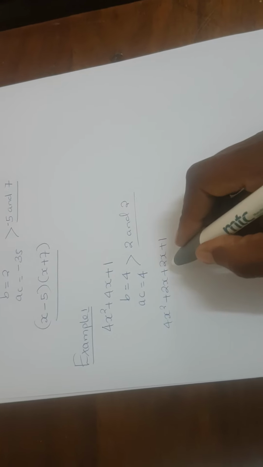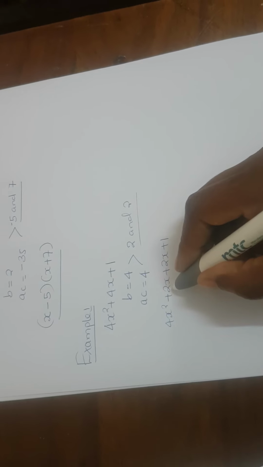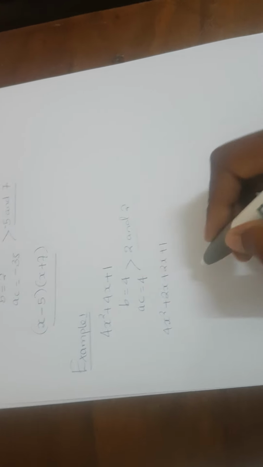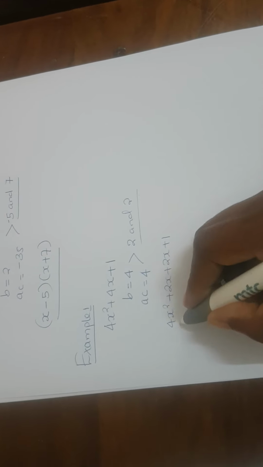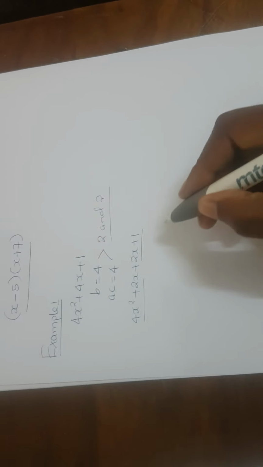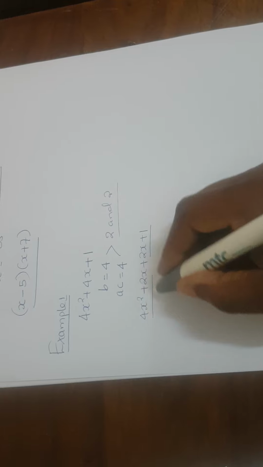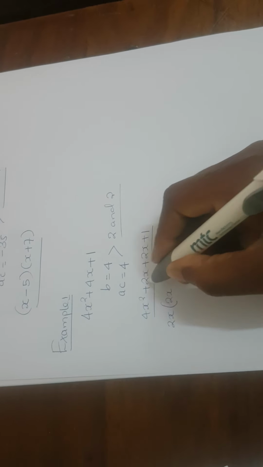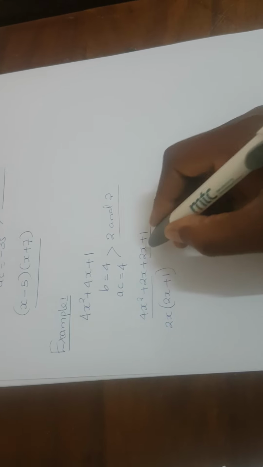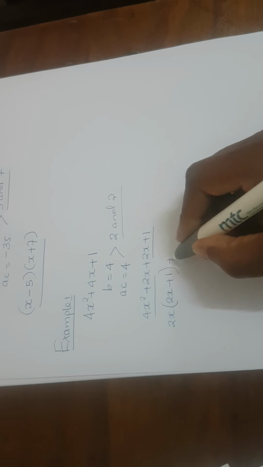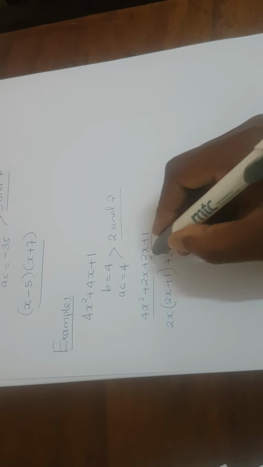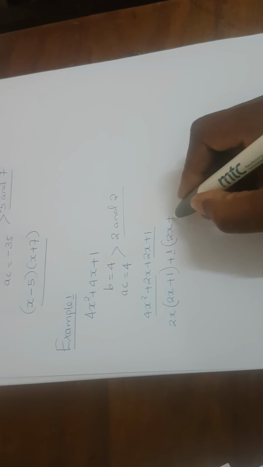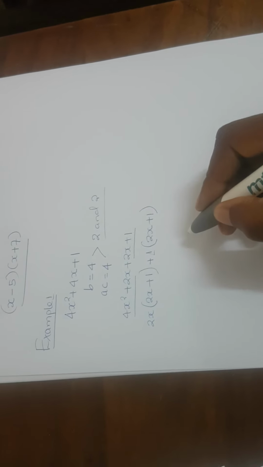I did not change the question, because when you take 2x plus 2x you get 4x. Then I factorize by pairing them. Here the factor is 2x, so I remain with 2x plus 1. Here there are no factors, so I just take plus 1 out. So it will be 2x plus 1.